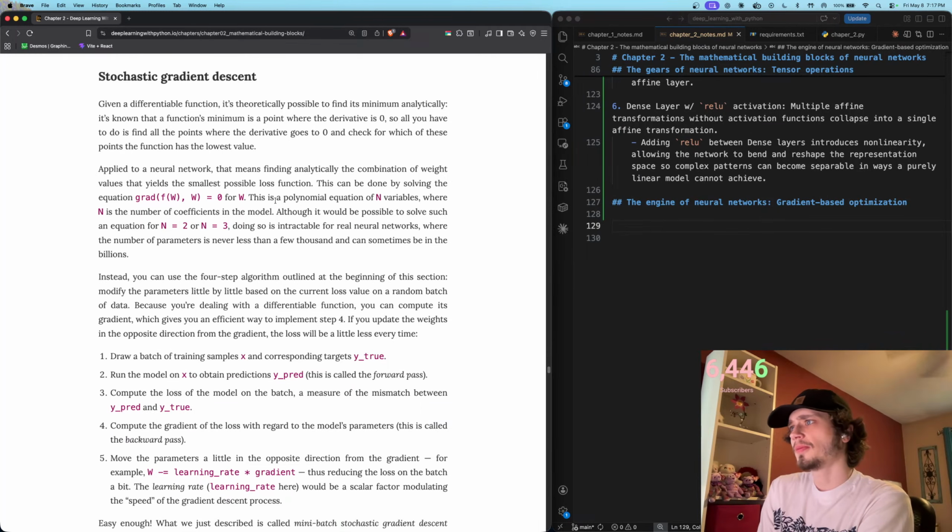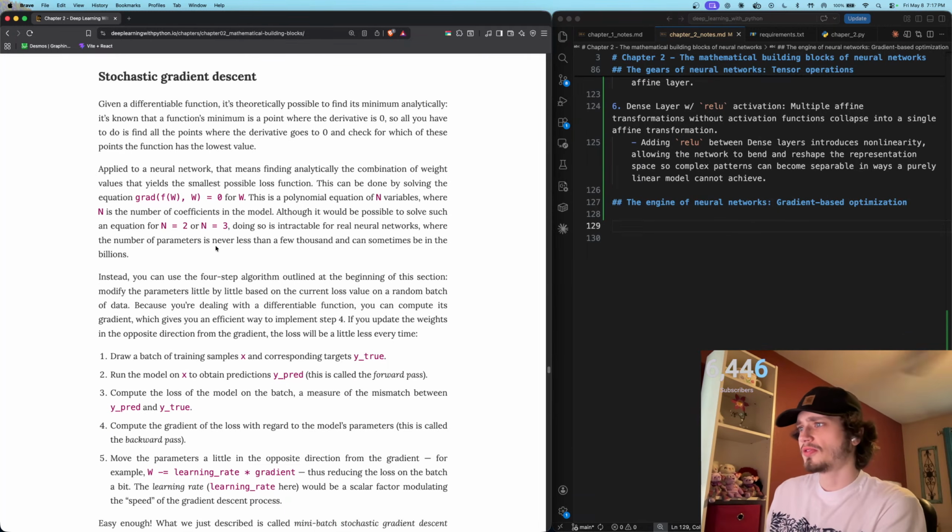This is a polynomial equation of n variables, where n is the number of coefficients in the model. Although it would be possible to solve such an equation for n equals 2 or n equals 3, doing so is intractable for real neural networks, where the number of parameters is never less than a few hundred thousand and can sometimes be in the billions.